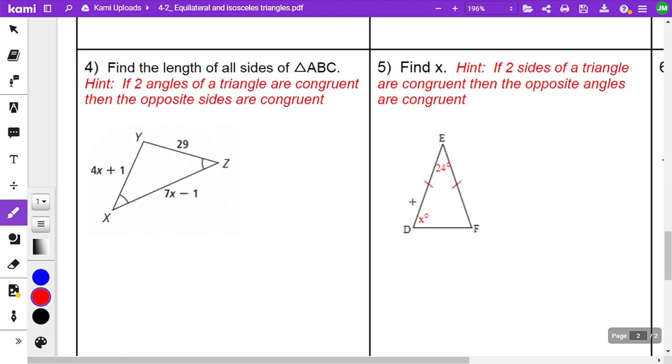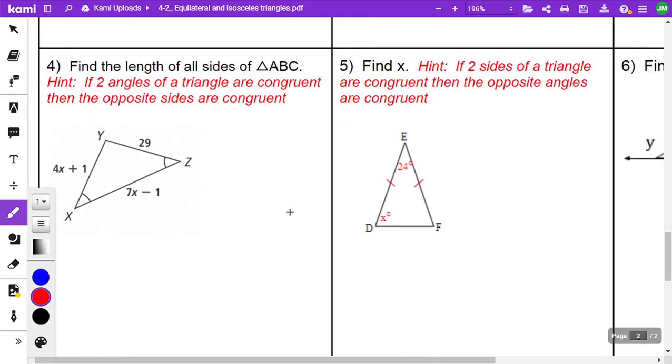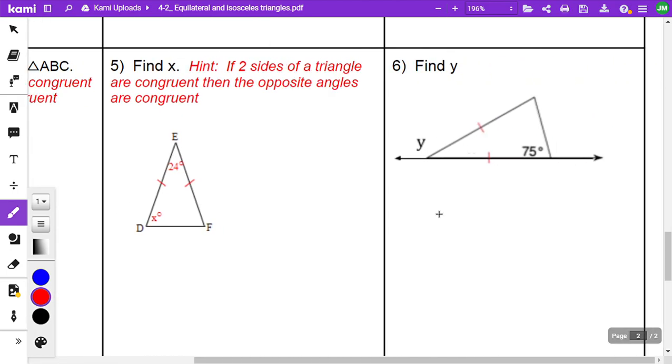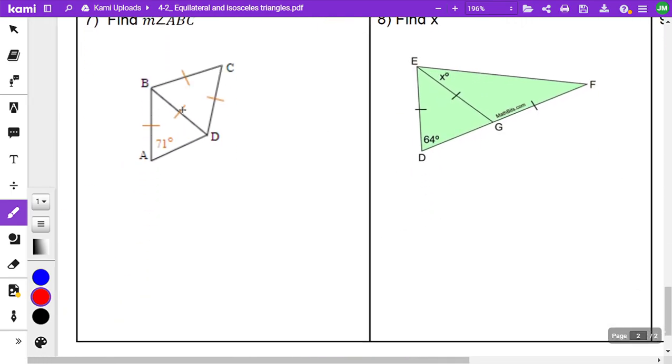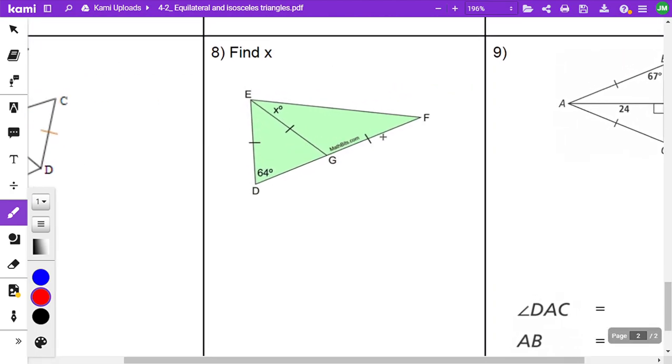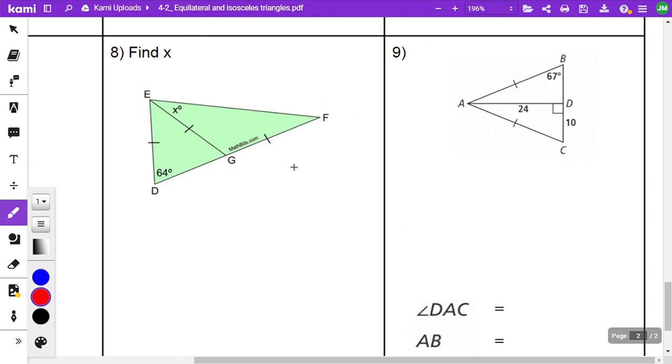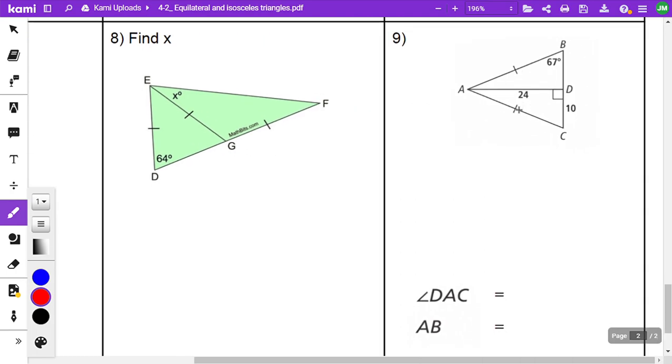We have isosceles triangles here. And then we have some more challenging problems with an equilateral and isosceles together. So two isosceles here, and then isosceles being bisected there.